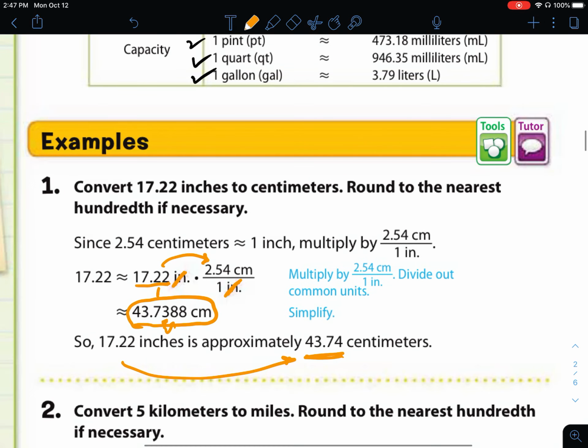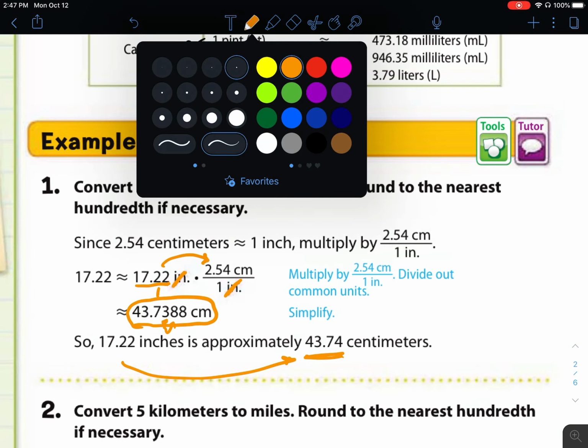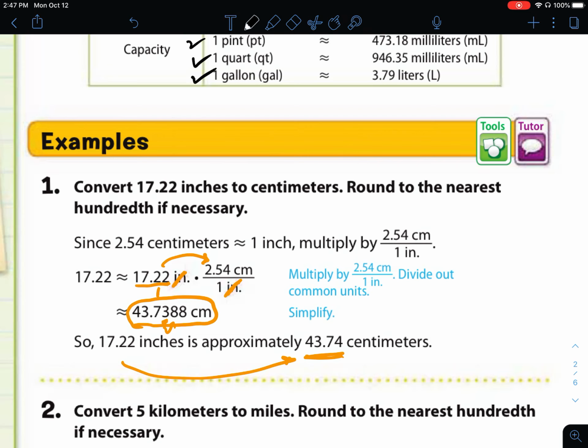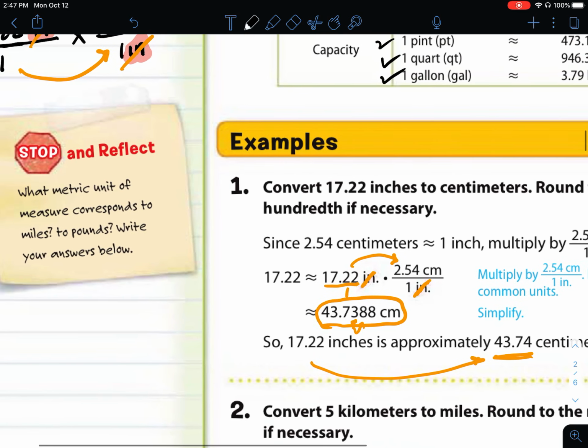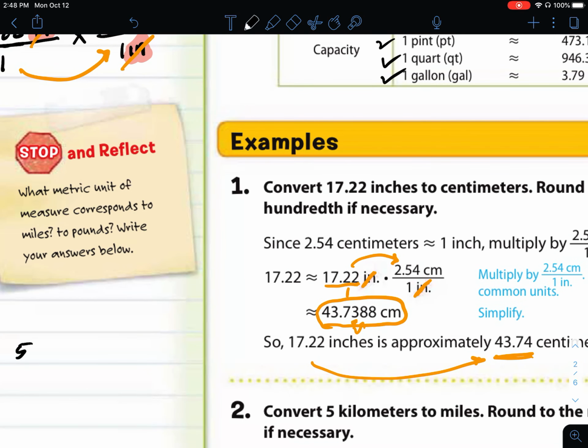All right, let's take a look at number 2. Convert 5 kilometers to miles. Round to the nearest hundredth if necessary. Again, we want to convert kilometers to miles. So the first step that we take, just like number 1, is we write 5 over 1, and we put kilometers next to it.